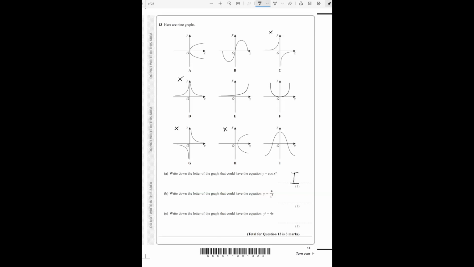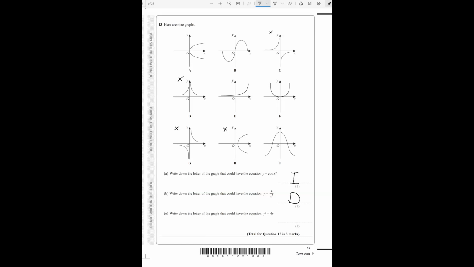Now, it's also always going to be positive because if we put our values of x in, we're squaring them. So that's got negative values, so it can't be that one, as does that one. So actually, it's this one, because it doesn't cross here, and all the values of y are positive, which they always will be, because you're squaring it. So that's D.